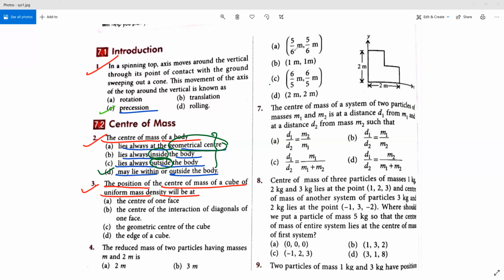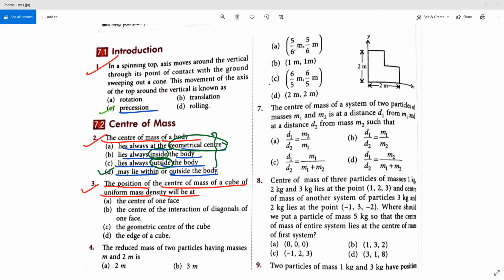Related to position vector, we already learned that the position of the center of mass of a cube of uniform mass density will be at which position, they ask the question. So go through all four options and try to connect the related answer. We know the position vector of the center of mass of the cube of uniform density.